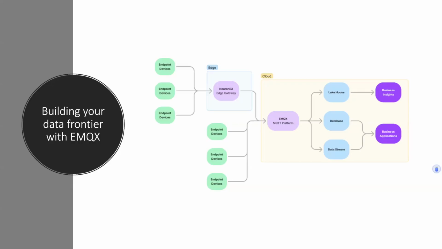And if it's an industrial scenario with different protocols, not just MQTT, then you can attach those industrial devices to our NeuronEX edge gateway, which can support multiple protocols. And then NeuronEX can forward those messages to the EMQX MQTT platform. So this is how we build up this data frontier between the real world and the digital world.